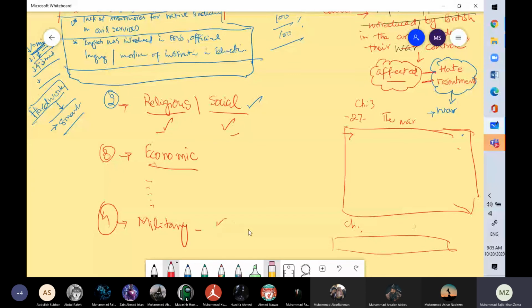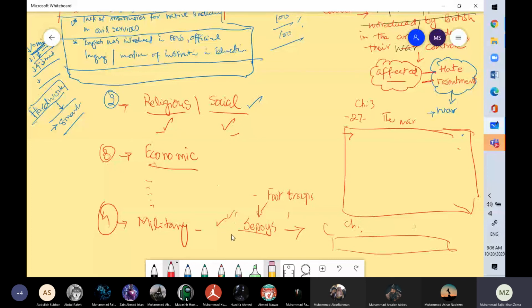Sepoy is a basic rank in the army, which is foot soldier. They were troops, and they were to fight. They were not given officer ranks, and even sepoys were not offered pay equal to their British counterparts. So that is one, like economic exploitation in the military.